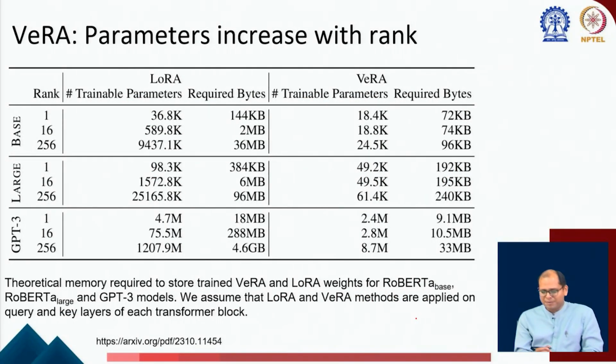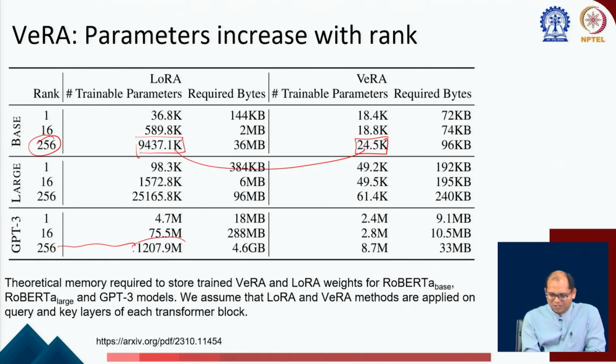And if you see the number of trainable parameters, if you even use a high rank like 256, while LoRA used 9.4 million parameters, it is just 24.5 K parameters, right? So you have a huge reduction. If you go for high rank, you have a huge reduction in the number of parameters required by VeRA in comparison to LoRA.